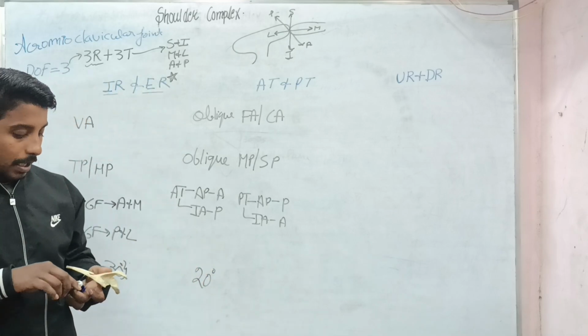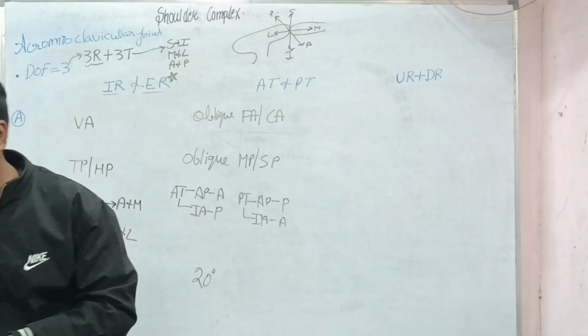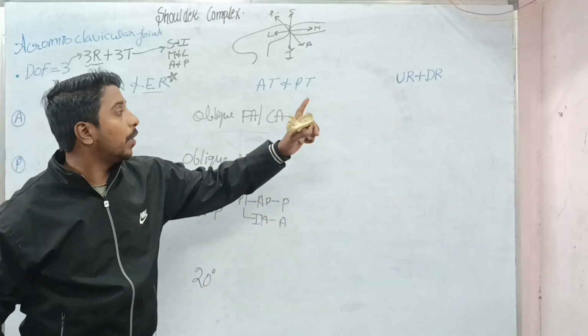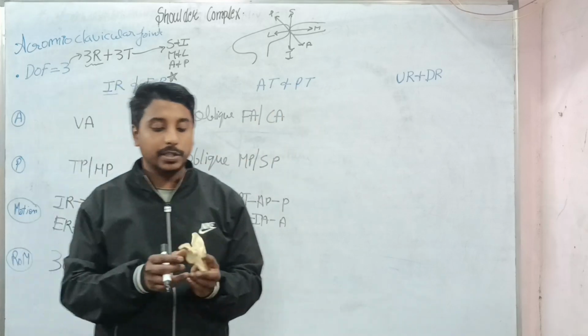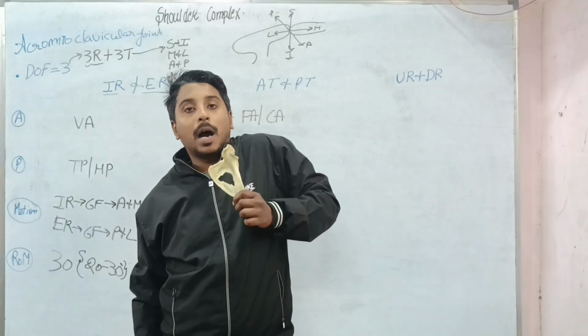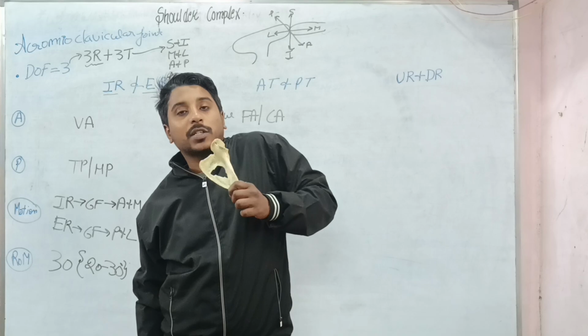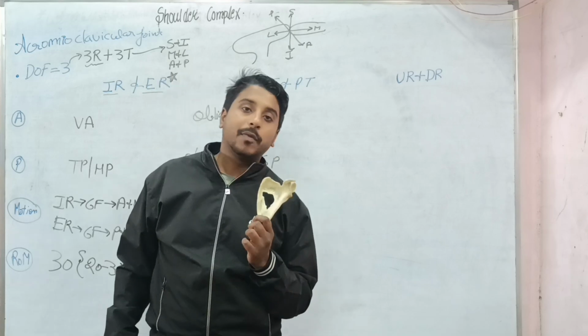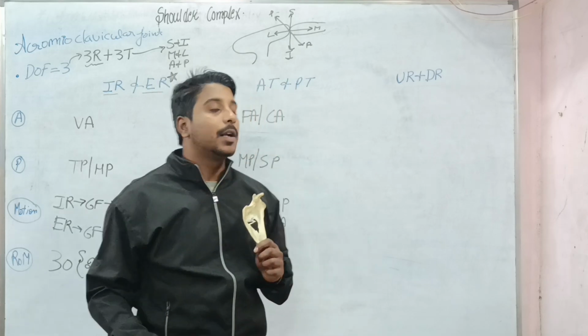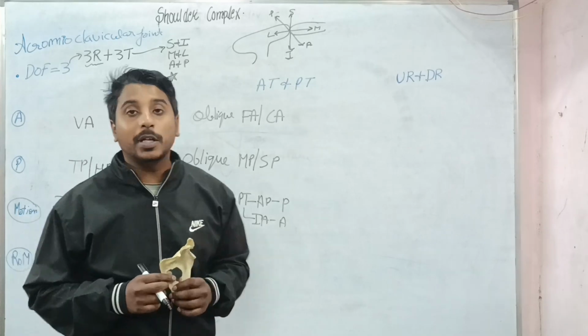The last movement is upward rotation and downward rotation. It is also very simple. In upward rotation, the glenoid fossa moves upward. In downward rotation, the glenoid fossa moves downward. Which plane is it?